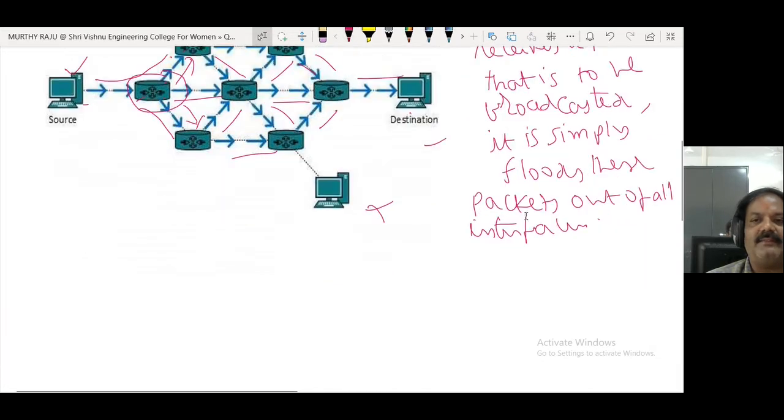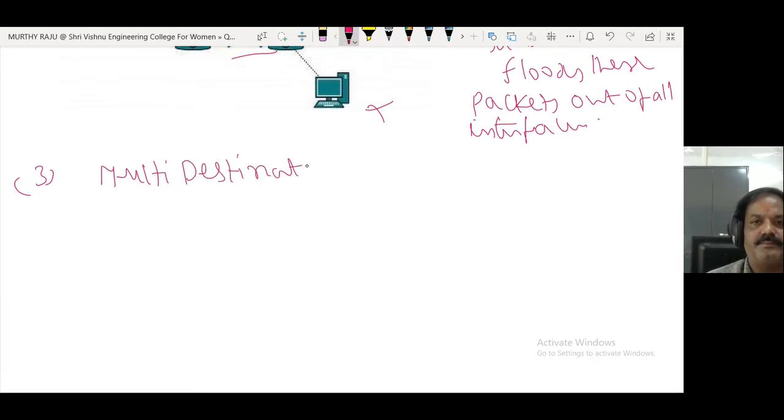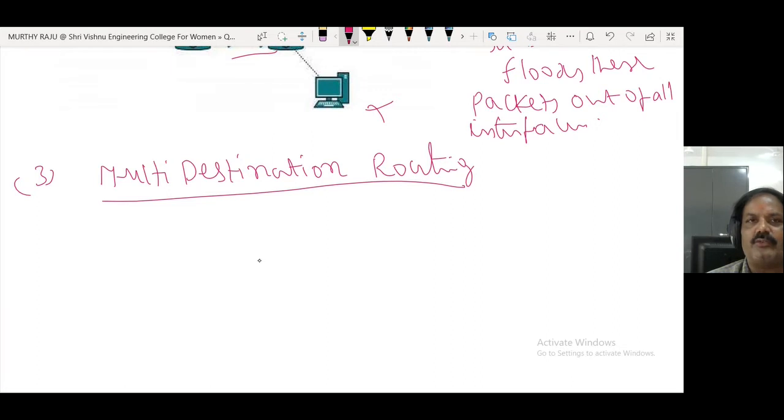The third important technique is multi-destination routing. In the first method, the source itself contains multiple destination addresses.